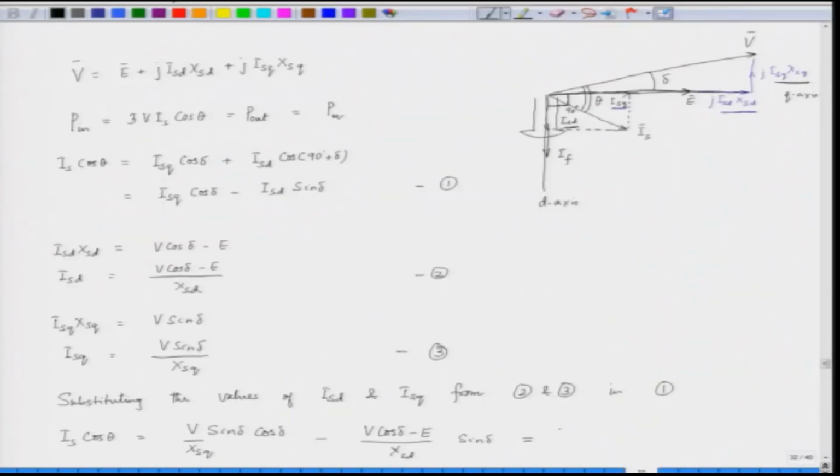So, we can further simplify this: it is equal to V by Xsq into sin 2 delta by 2, minus V by Xsd into sin 2 delta by 2, minus E by Xsd into sin delta. So, this is the value of Is into cos theta.